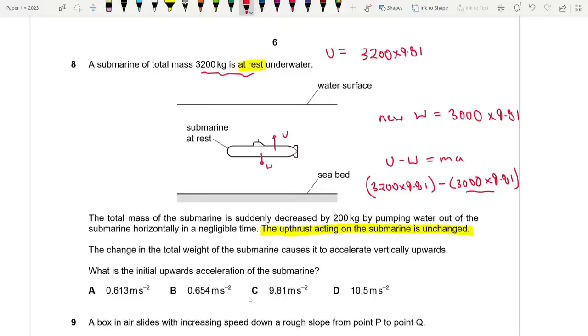This is the new weight, and we subtract it from the initial weight, which was the value of upthrust as well, is equal to ma, which is the new mass times the acceleration. Let's find this. 3200 times 9.81 minus 3000 times 9.81, divided by 3000, gives us a value of 0.654. Amazing. So 8a, 8 should be b.